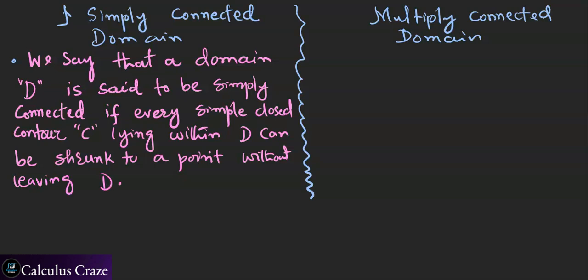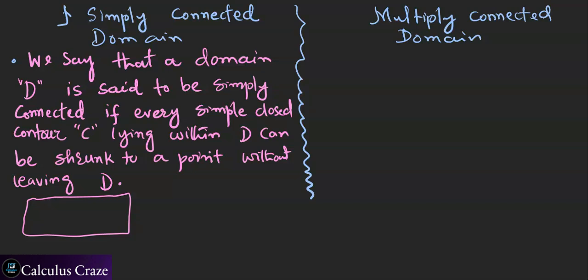So we are saying that a domain is said to be simply connected if, let's say this is a domain, drawn in rectangular form or however you like.